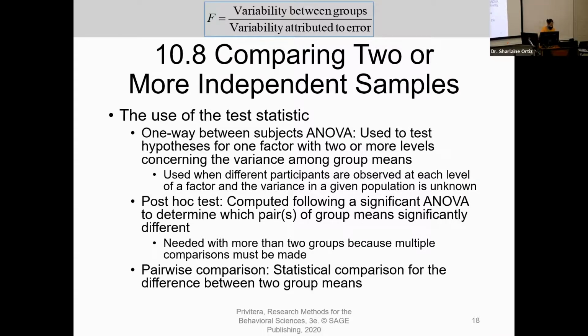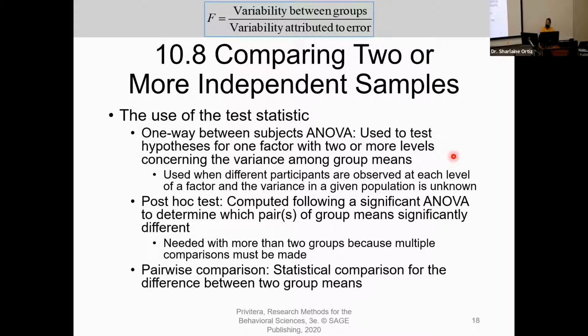Now, let's look into one of the things that we could do, which is conducting a post hoc analysis. Whenever you see this term, I like to translate it as after the fact, right? We conduct this type of statistic whenever we find that my ANOVA was significant.